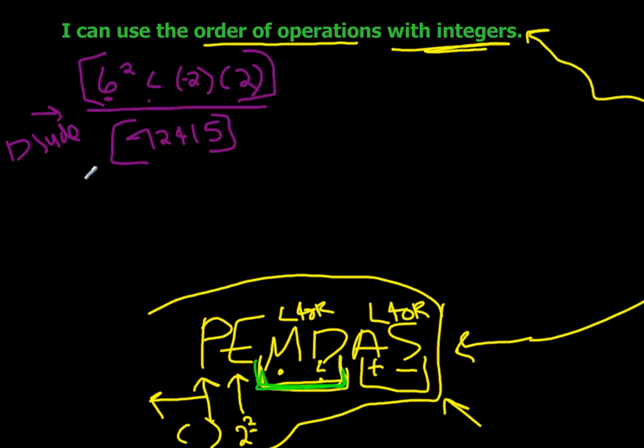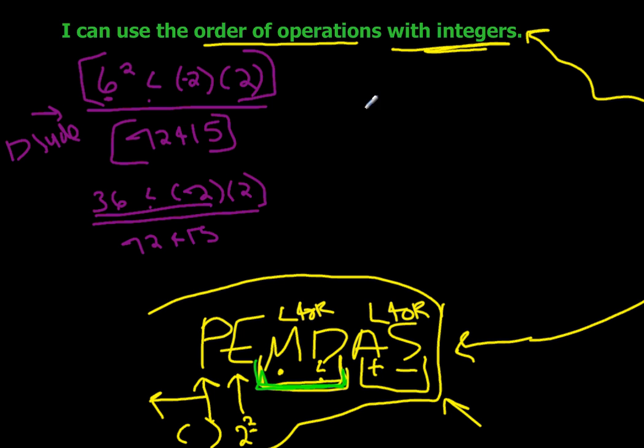All right, so I'm going to rewrite 36 divided by negative 2 times 2, all over negative 12 plus 15. So now I'm at multiplication and division from left to right. So I'm going to do this 36 divided by negative 2.